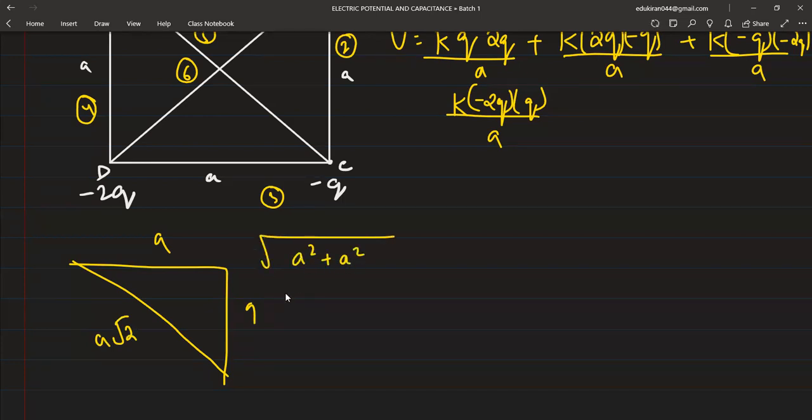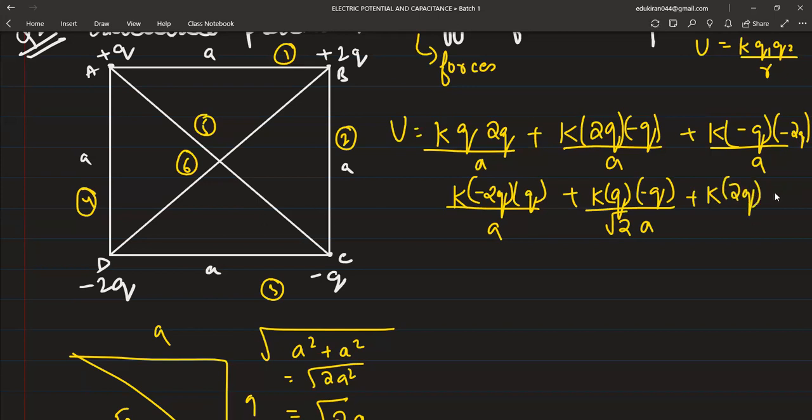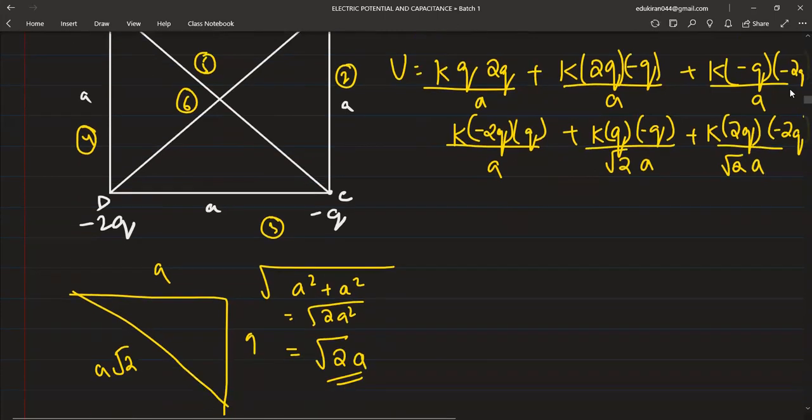So under root, A square plus A square, that will give us 2A square, under root, which is equal to root 2 A. So this fifth is K, Q into minus Q divided by root 2 A. Sixth is K into 2Q into minus 2Q divided by root 2 A. This is the formula of it.